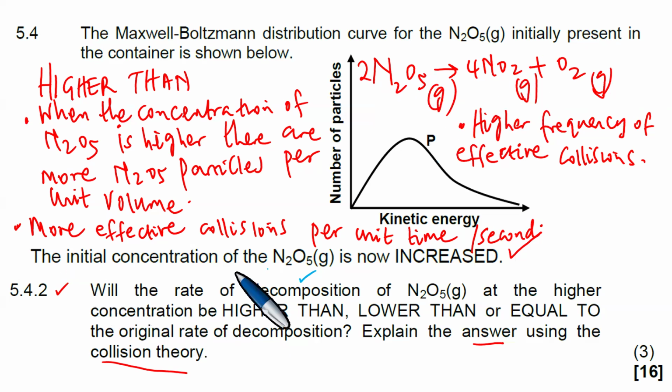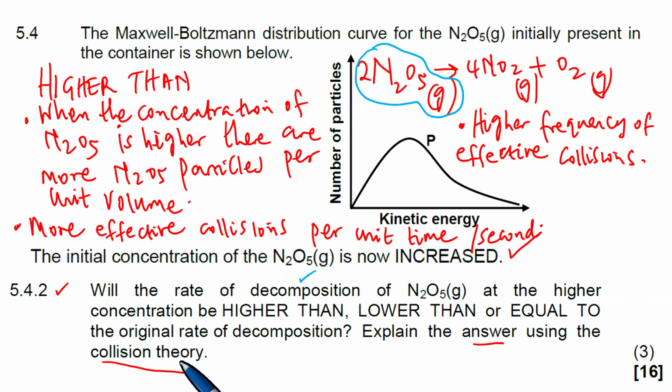So the initial concentration of N2O5 is now increased. What is happening in this case? Somebody increases the initial concentration of N2O5. Will the rate of decomposition of N2O5 at the higher concentration be higher than, lower than, or equal to the original rate of decomposition?